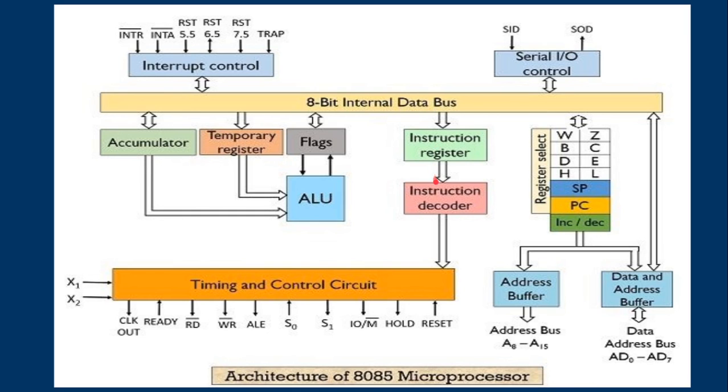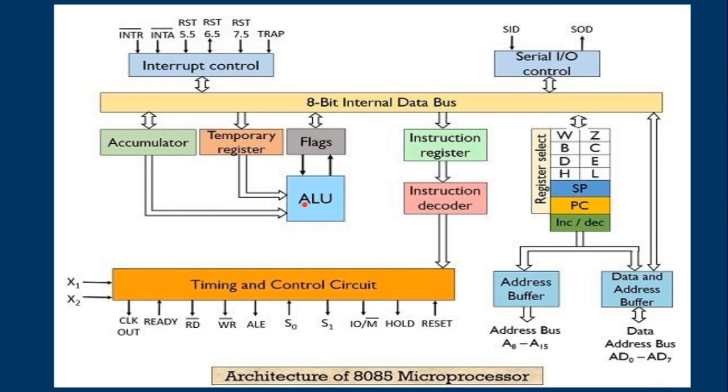This is decoded by the decoder, and the decoder passes it to the timing and control circuit. Accordingly, the data will be read or written, and where to write and where to read from. All these things are done by the timing and control unit.